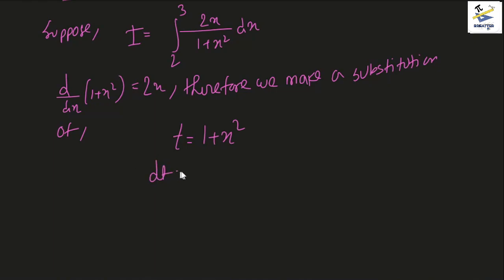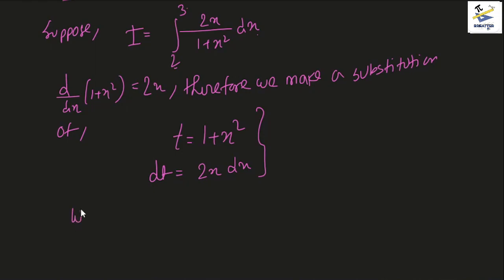Then dt would be 2x dx. So up to this part it is quite similar to that of indefinite integration, but now the fact is that we also have limits in integration, and these limits are for x, right? So it means that the limit for the variable x is 2 to 3, and what that means for the new variable t, that's what we are trying to find out, right?